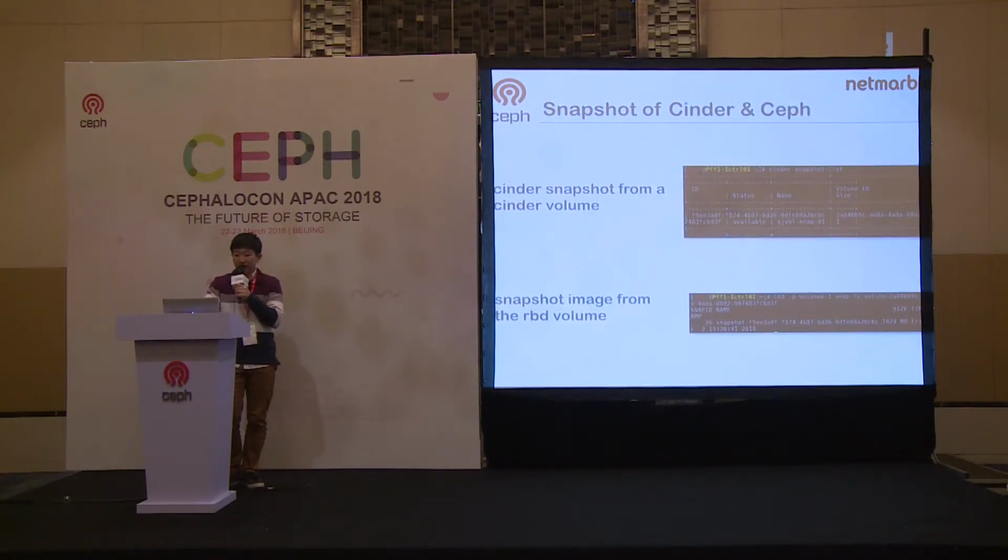Now let's look at how a Cinder snapshot works on actual Ceph. Here is a snapshot made by the Cinder command. In Ceph, you can also see that an RBD snapshot with "snapshot-" before the same name was created as the corresponding snapshot.